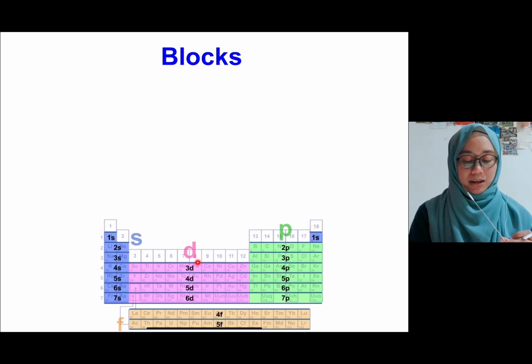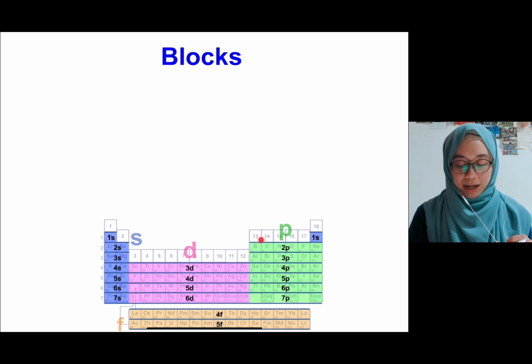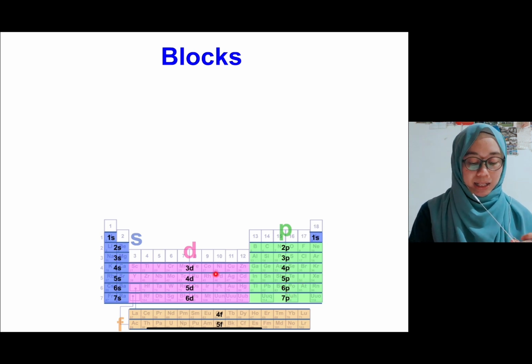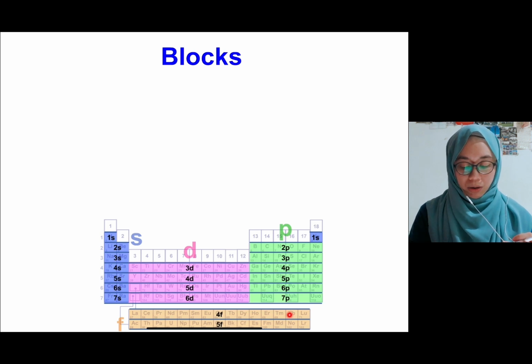Okay, and then kita ada pula sebelah kanan kecuali helium, we have P block, the one in green. Itu adalah P block. And kita ada bahagian tengah warna pink, that is considered as D block. Okay, and last kali kita ada bahagian bawah warna orange, so that is what we call as the F block.